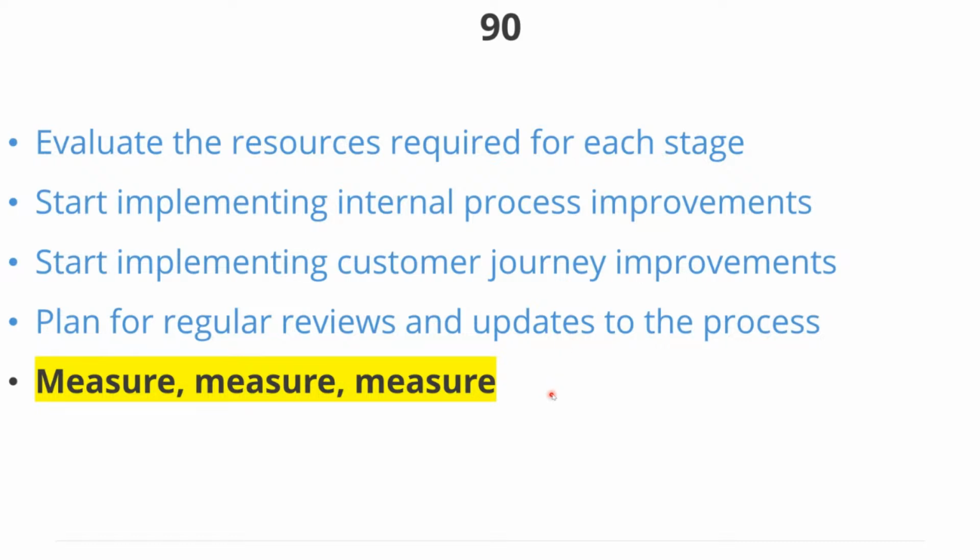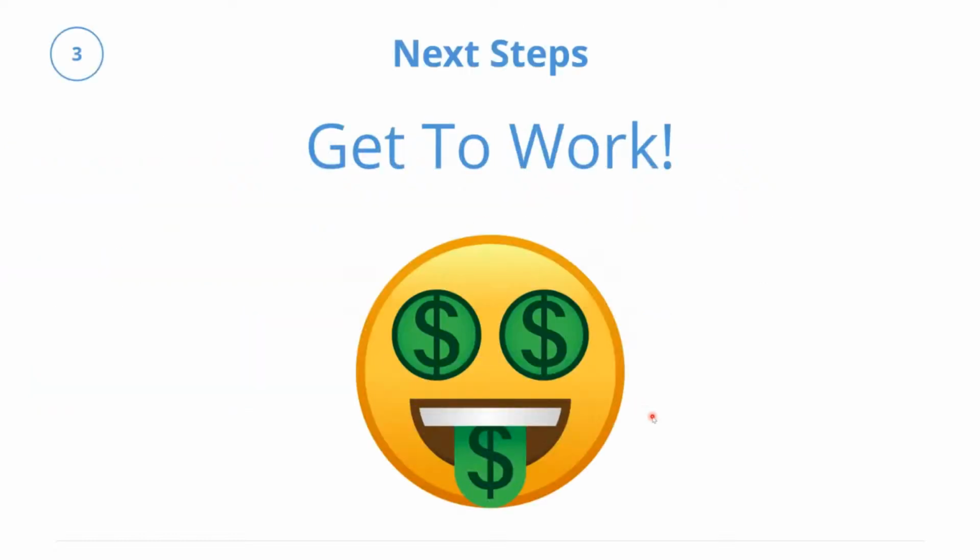So always reevaluate and see what tools are available. And of course, measure, measure, measure. If you're not measuring KPIs, if you're not making sure they're visible and that everything is transparent, this is not going to progress anywhere. Okay. So what is the next step?